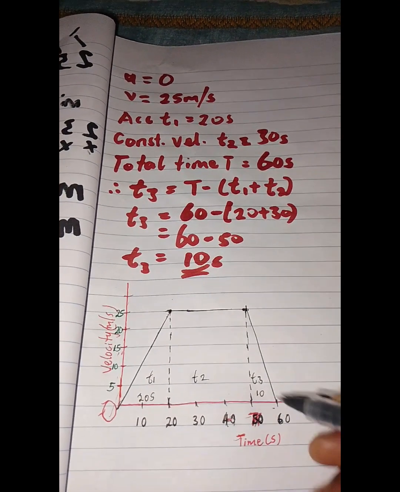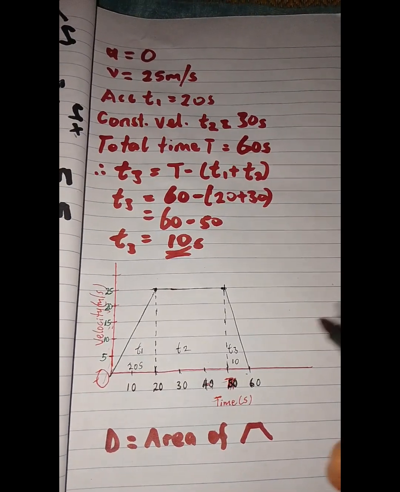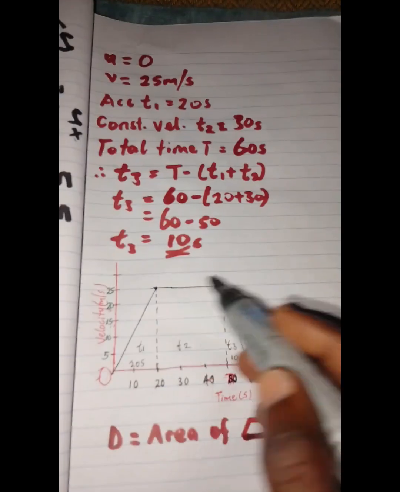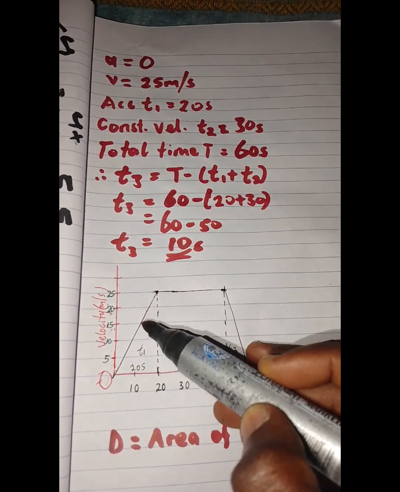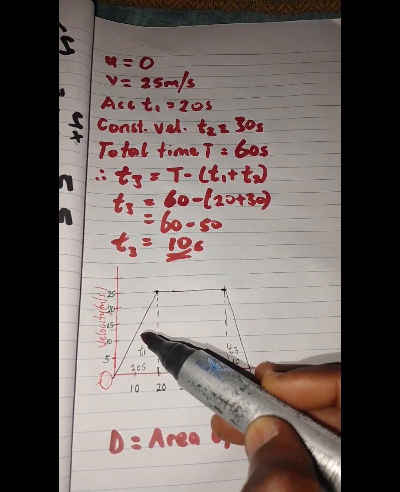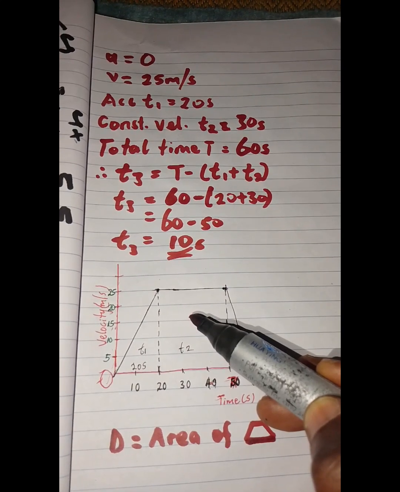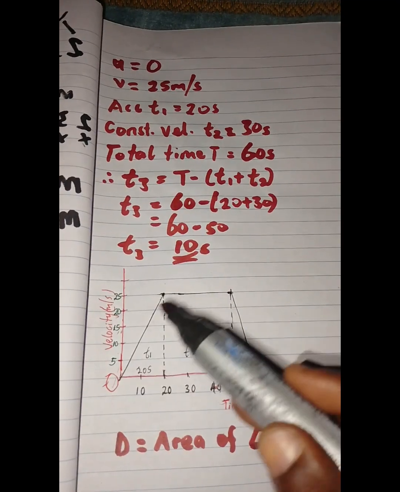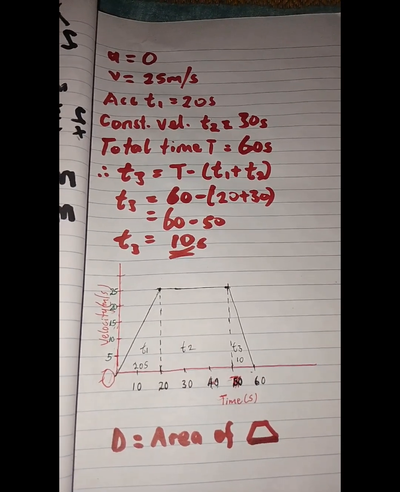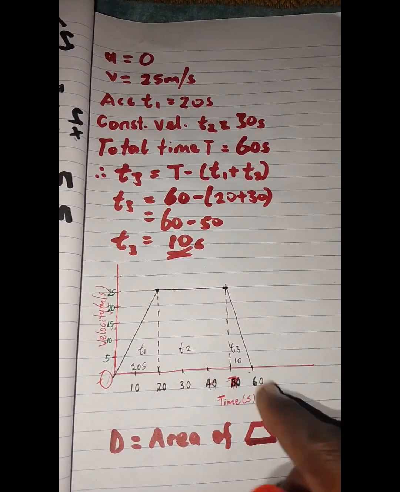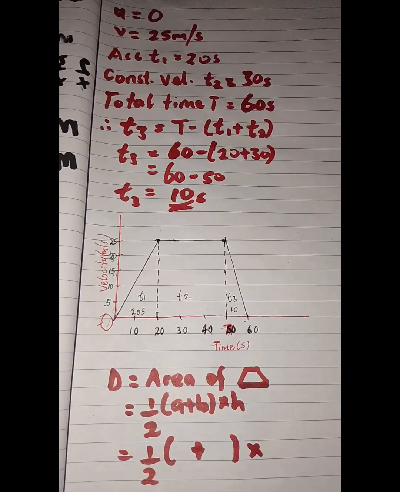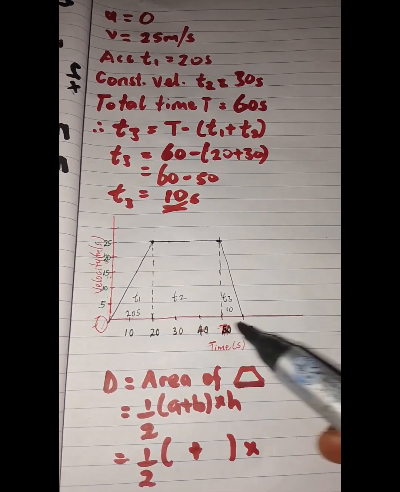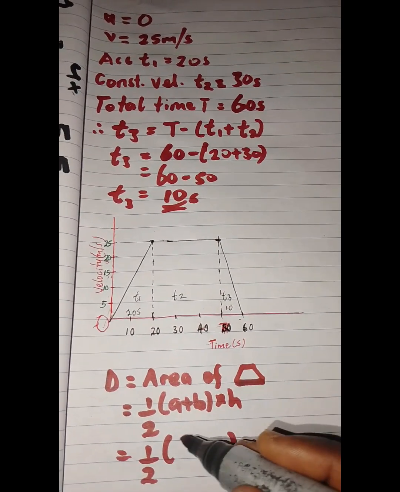Then the total distance traveled is the area under the trapezium. Of course, this is the shape of a trapezium. If you like, you can break it into A, B, and C: area of the first triangle, plus area of this rectangle, plus area of this triangle. Or you just do the area of a trapezium, which is half times A plus B times height. A plus B are the parallel sides. A is 30, B is 60. So 30 plus 60 times the height.